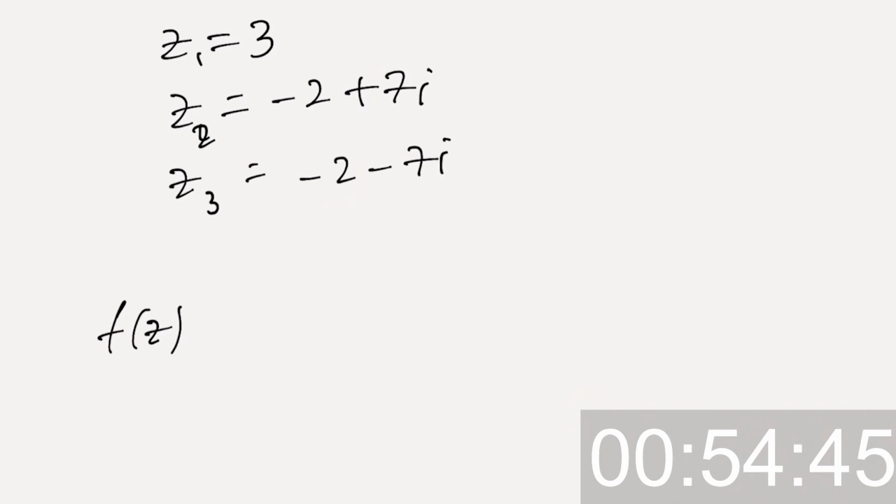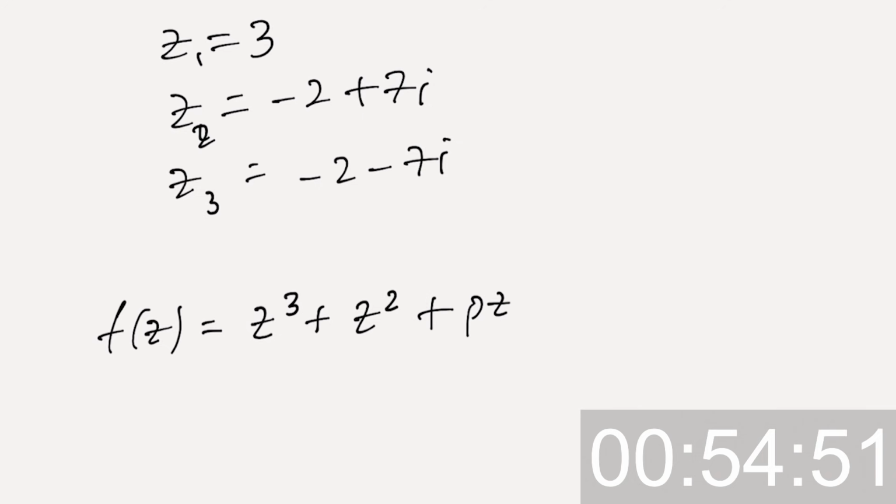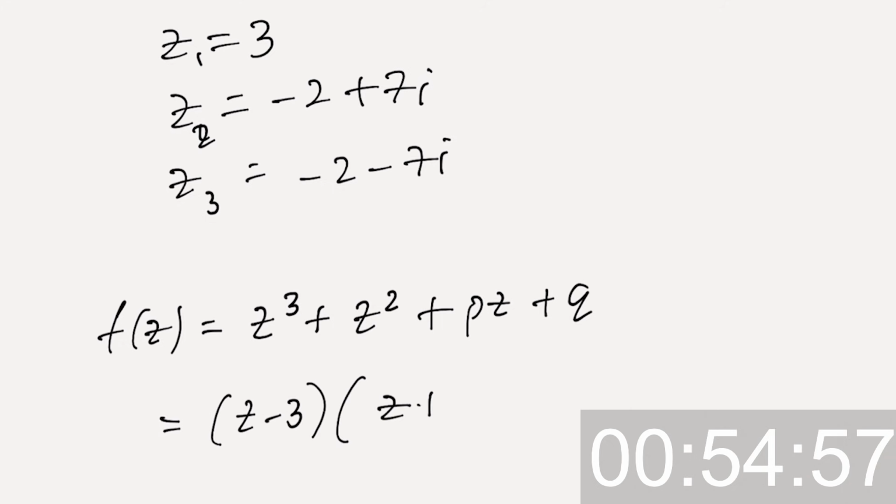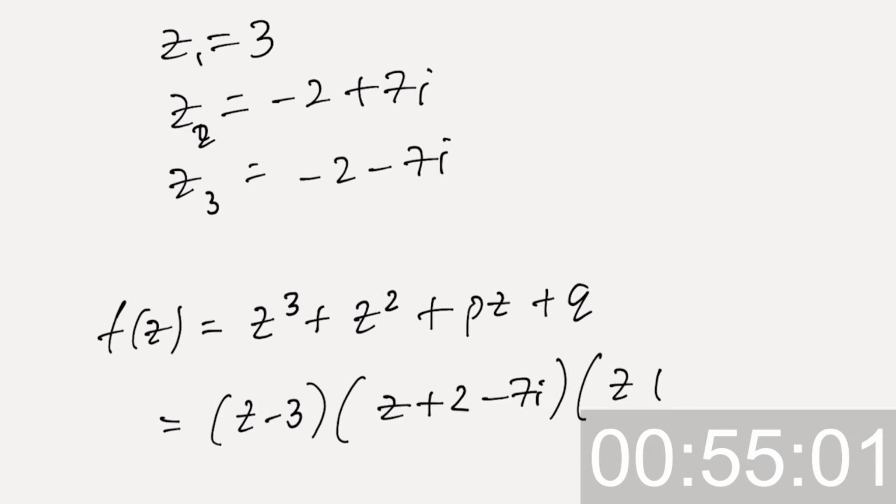It's not too difficult. So we know that f of z is equal to z cubed plus z squared plus pz plus q. And we also know that's z minus 3, and then my other roots are z plus 2 minus 7i, z plus 2 plus 7i.